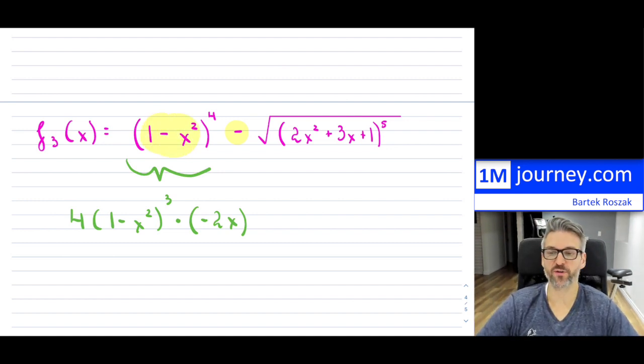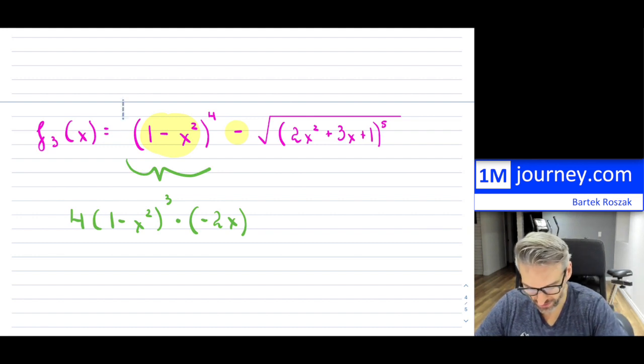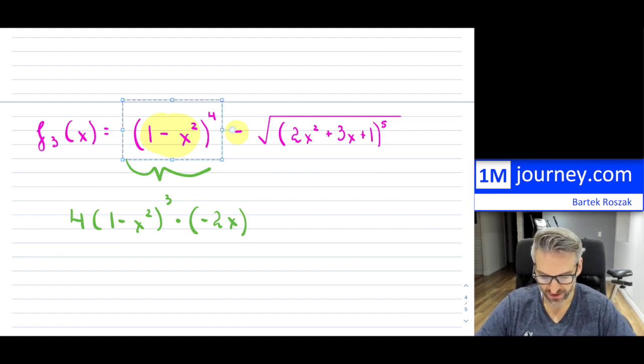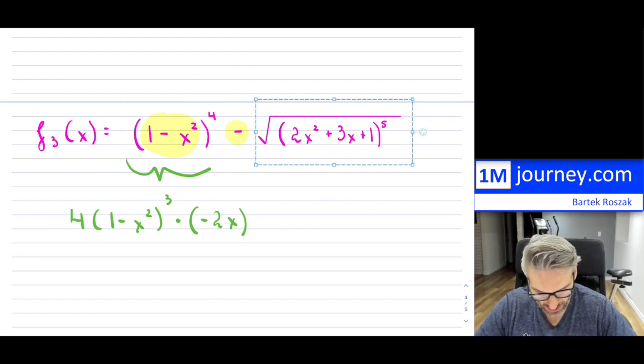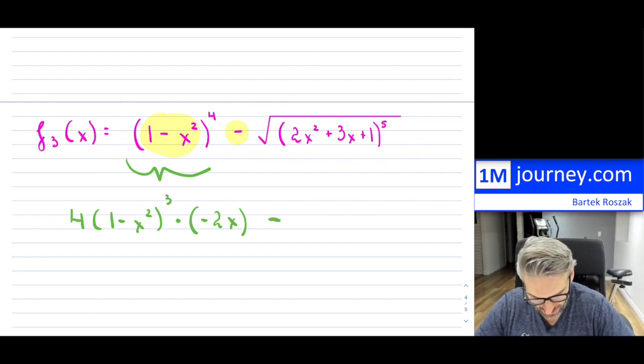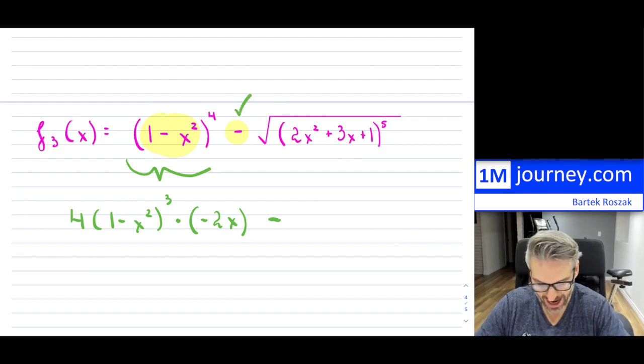So that is my first derivative. That's the derivative of this. That's all great. And now I have to find the derivative of this, so it's going to be minus, and now I need the derivative of all of that.